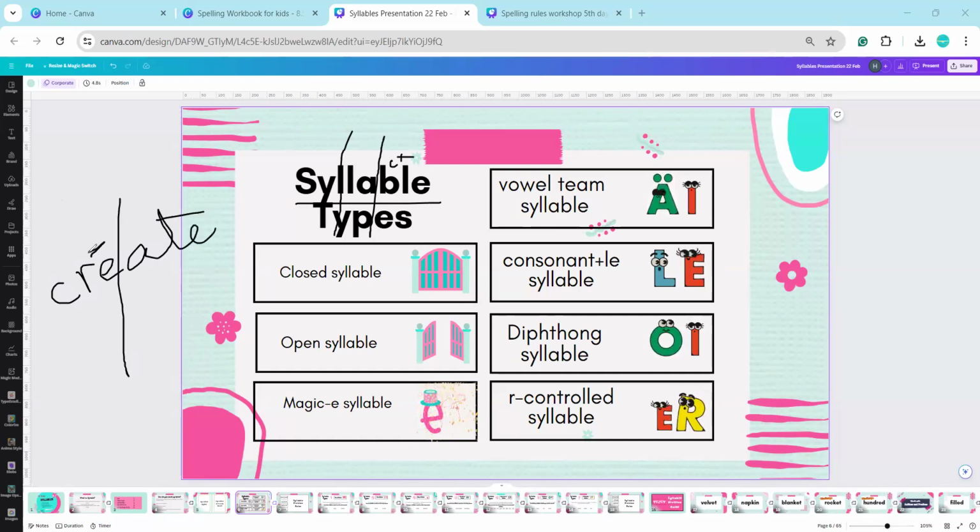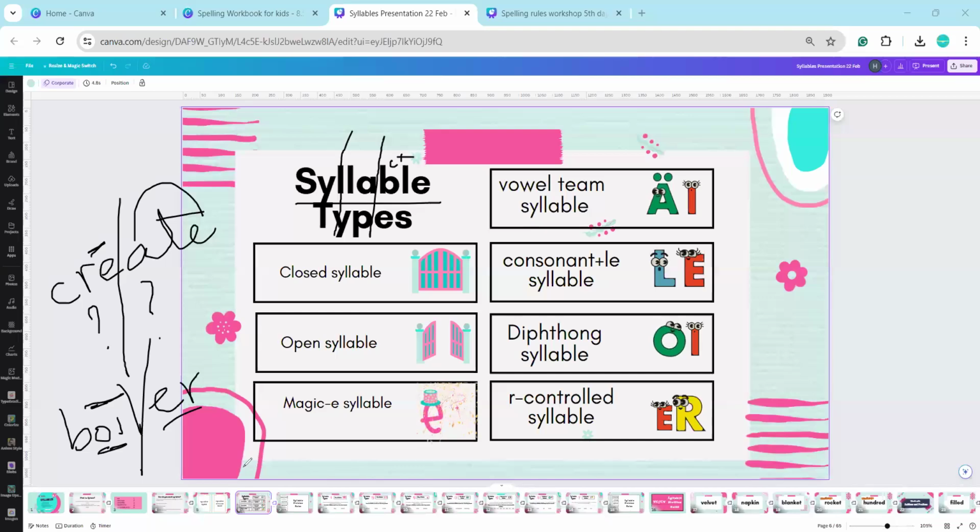This is an open syllable and this is a magic e syllable or a split digraph syllable. So these are the names of syllables. Okay, types of syllables. Diphthong syllables will be boiler. Boil. Diphthong syllable.